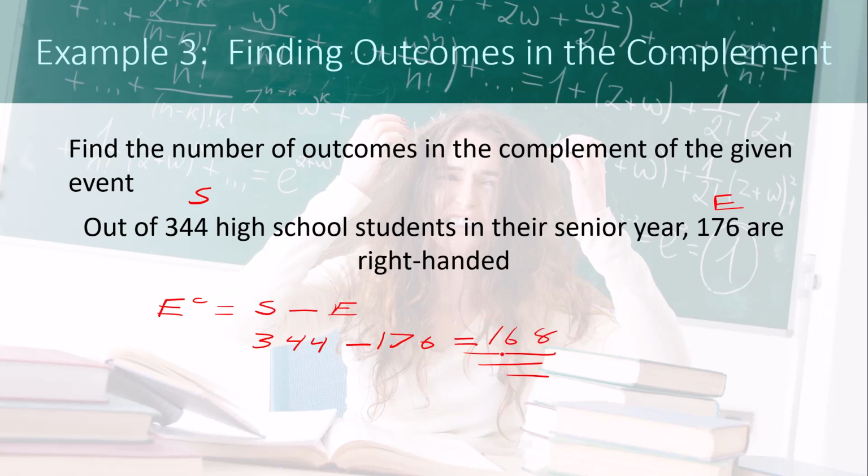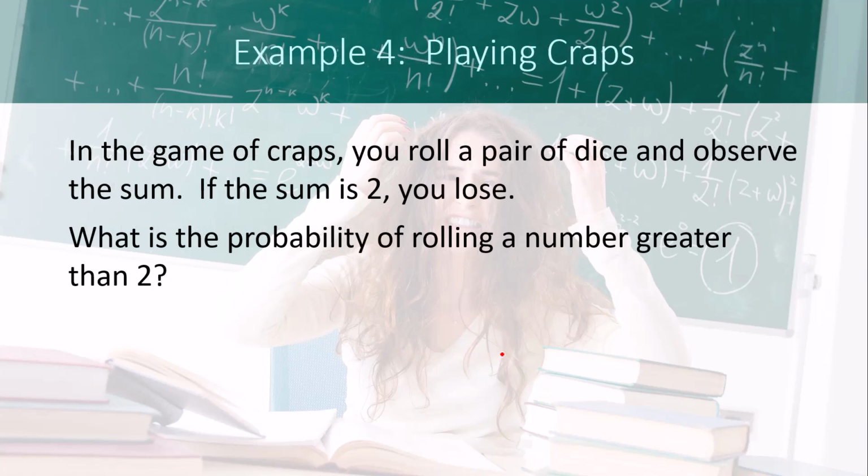And we have another question here. In the game of craps, you roll a pair of dice and you observe the sum. If the sum is 2, you lose. What is the probability of rolling a number greater than 2?